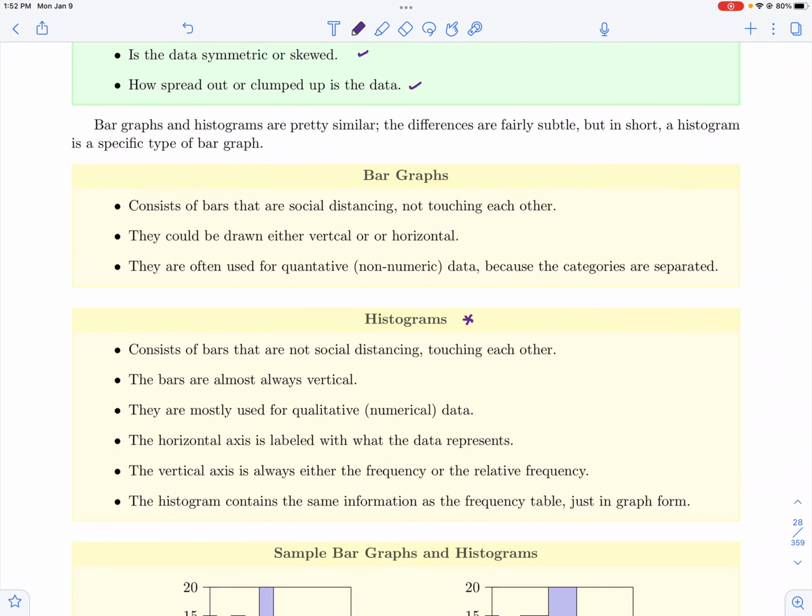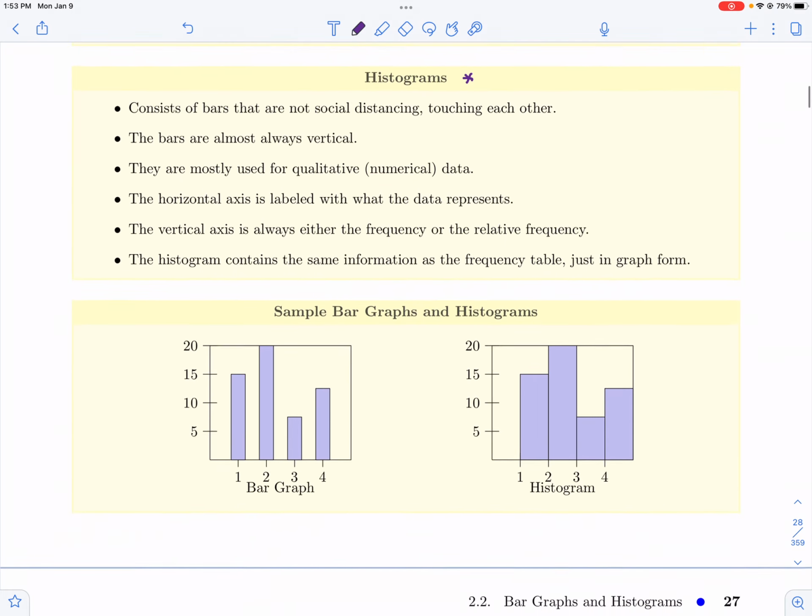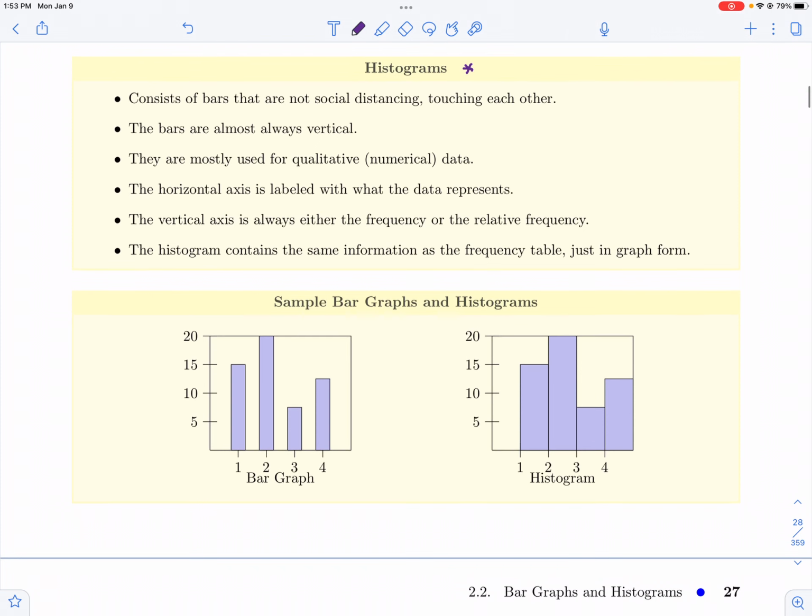The horizontal axis is labeled with whatever the data represents, and the vertical axis is the frequency or the relative frequency, depending on which one we're trying to graph. The histogram is basically a graphical version of our frequency distribution that we just did in the last section.